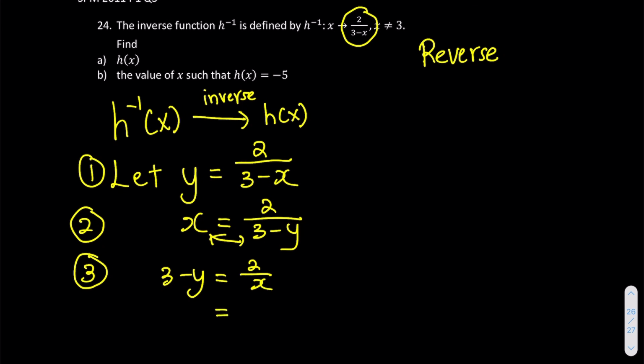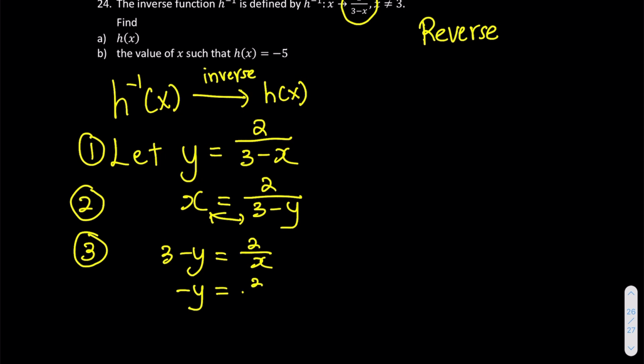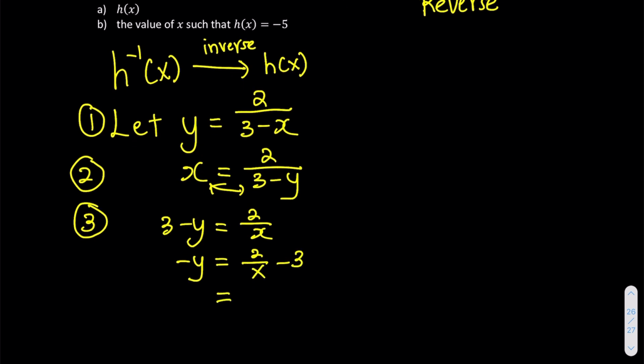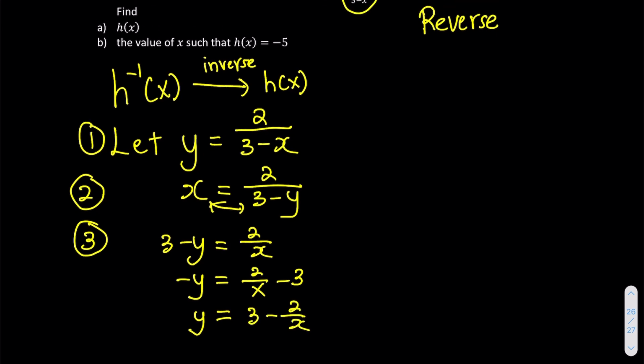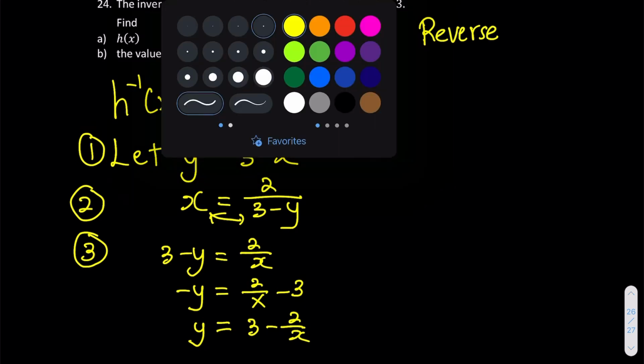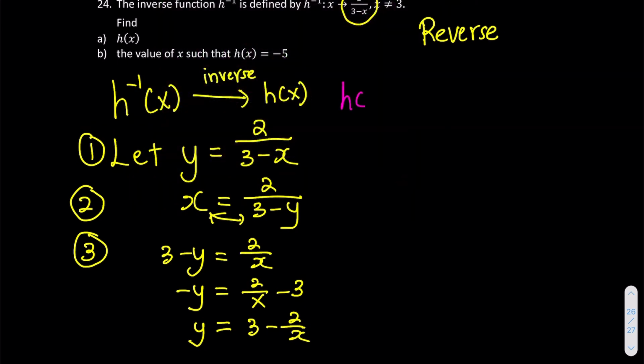So we move the 3 over there, it becomes minus 3. So we have negative y equals 2 over x minus 3, and everybody is divided by negative 1. So we have y equals 3 minus 2 over x, and we are done for the inverse. So we can say that hash of x is eventually 3 minus 2 over x.